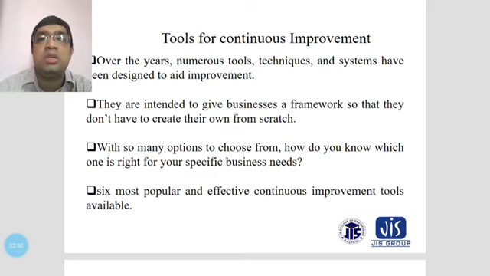These six popular tools are used for continuous improvement for total quality management.